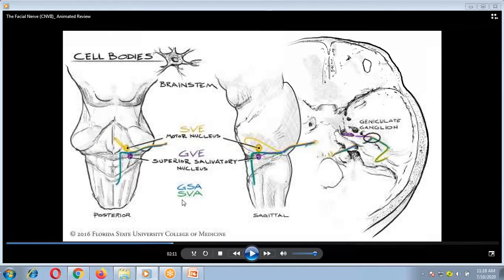SVA is for the taste sensation, as you could see. I told you about the soft palate and hard palate; some of the sensation is carried by the geniculate ganglion through the greater superficial petrosal nerve, including the lacrimation also. GSA is general somatic, the general sensory afferents. As you could see, they will be linked with this particular geniculate ganglion, which gives the greater superficial petrosal nerve.